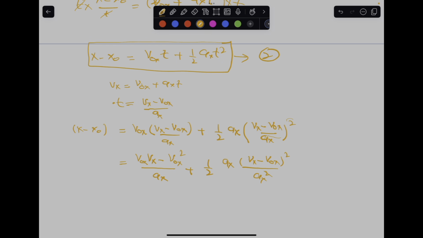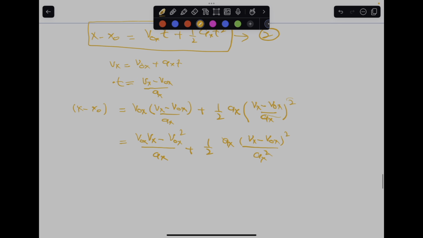So this one ax will be cancelled out. For x minus x naught, we are left with V naught of x Vx minus V naught x squared over ax, plus 1/2 Vx minus V naught of x squared over ax.